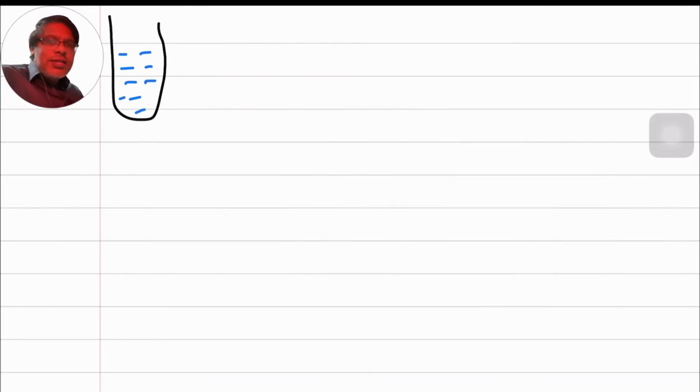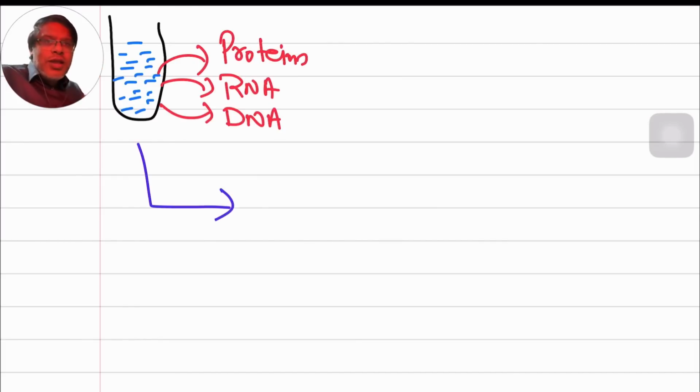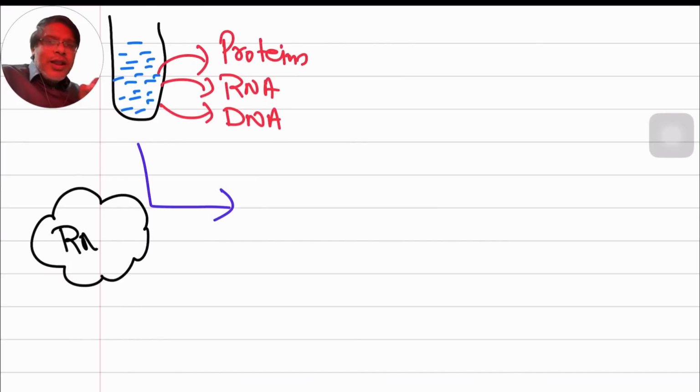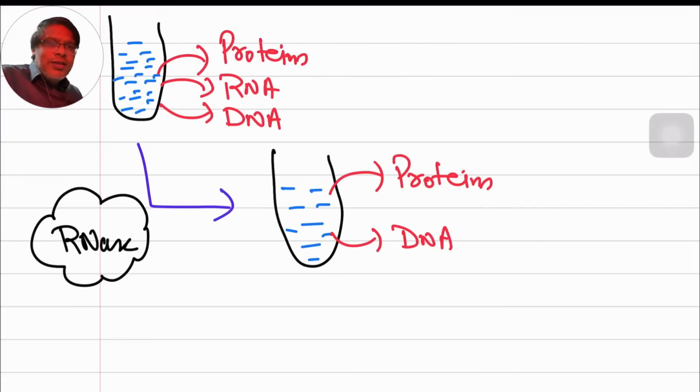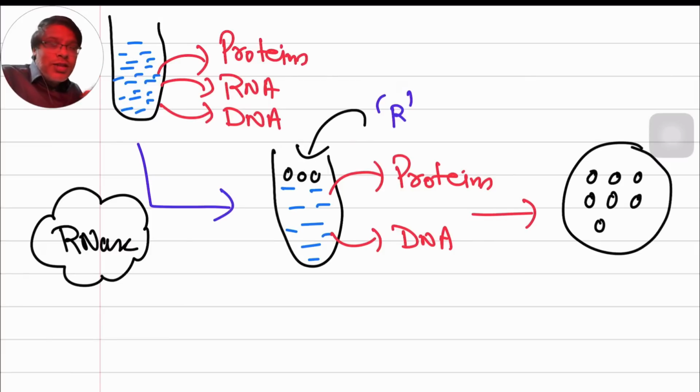Same way they did the experiment. They took this extract and treated it with RNase. RNase is a nuclease which will specifically degrade the RNA. So now you are going to have within the mixture proteins and DNA. To this they added the R bacterial cells. Here also they saw the transformation occurred.